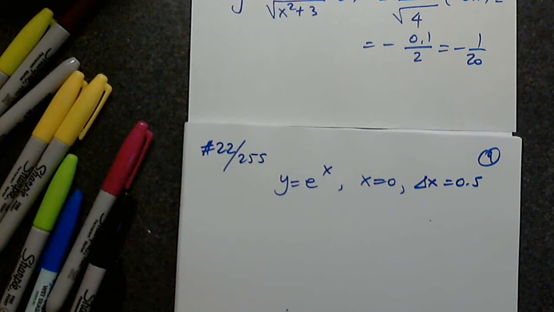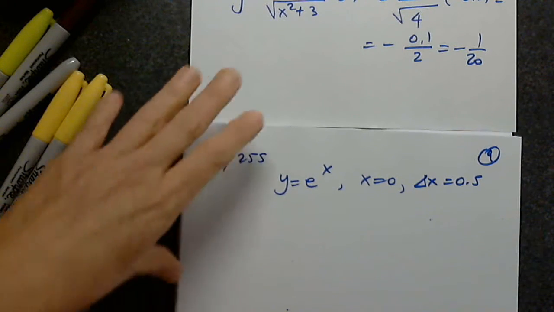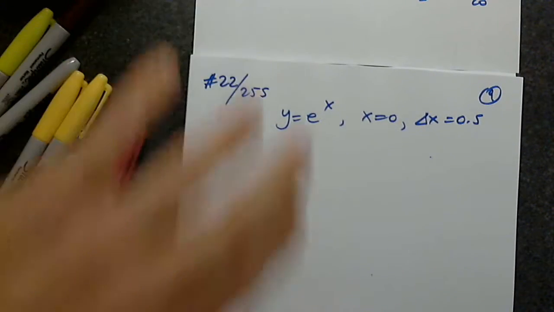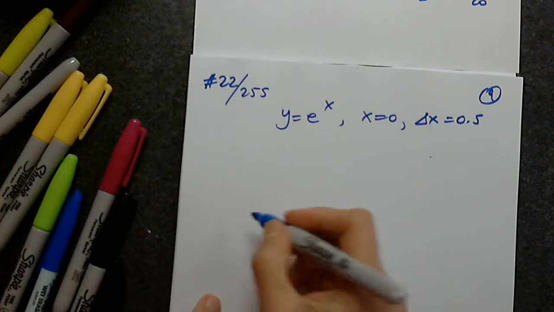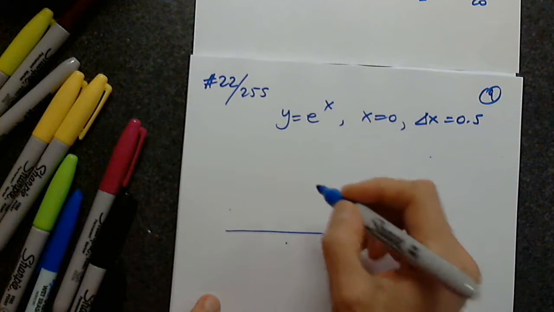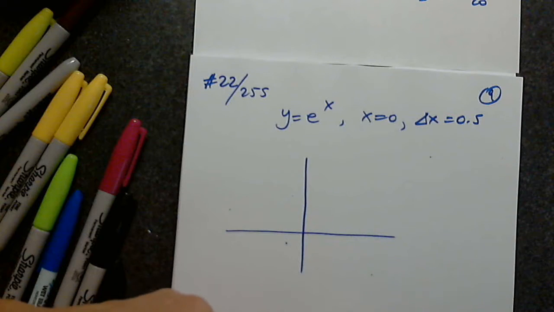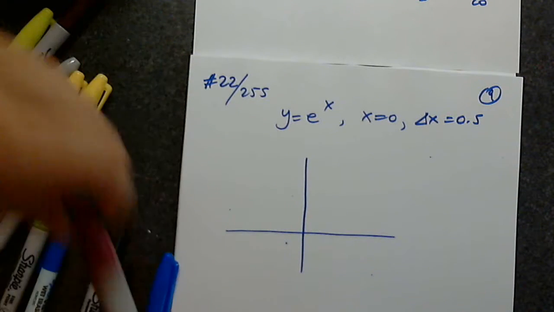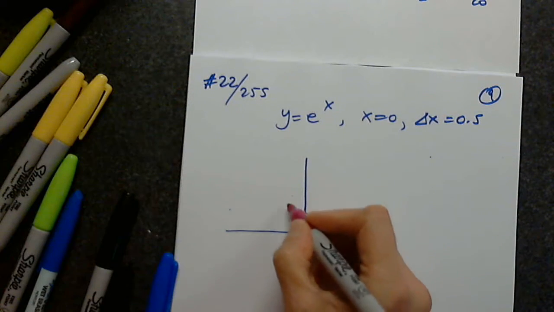Okay, so we have to compute delta y and dy for the given values of x and dx, and then sketch a diagram like figure 5 showing the line segments with length dx, dy, and delta y. So here's the graph of e to the x.